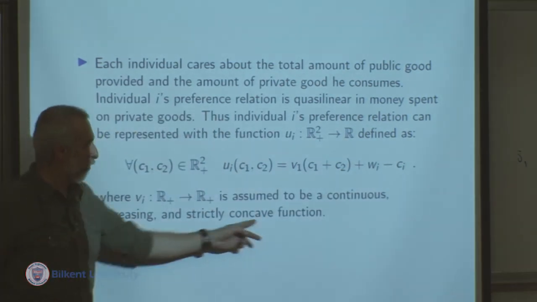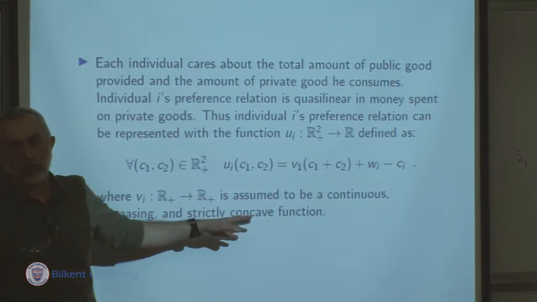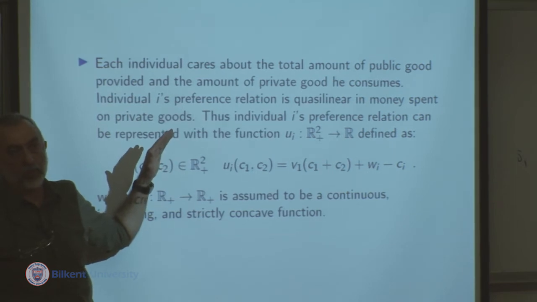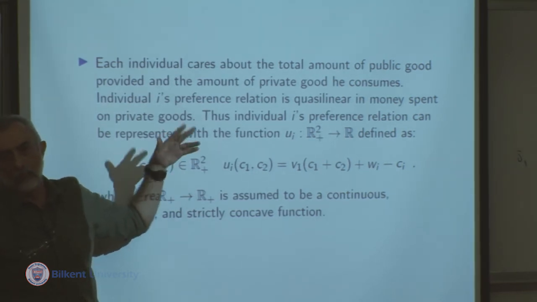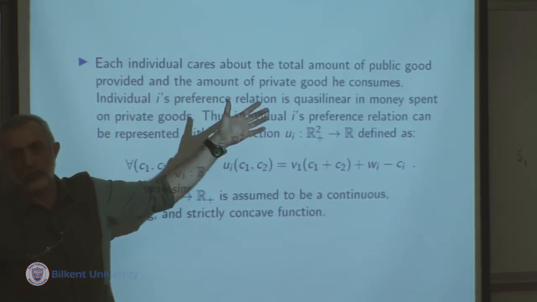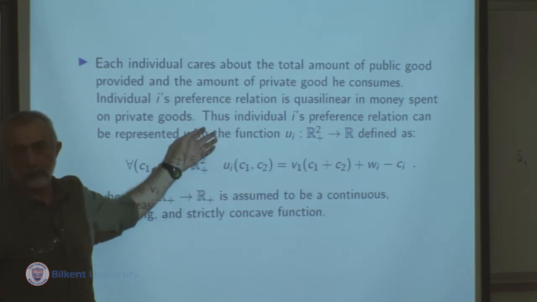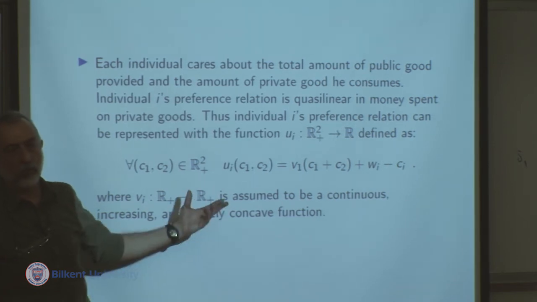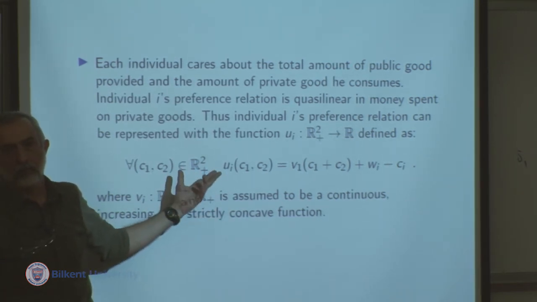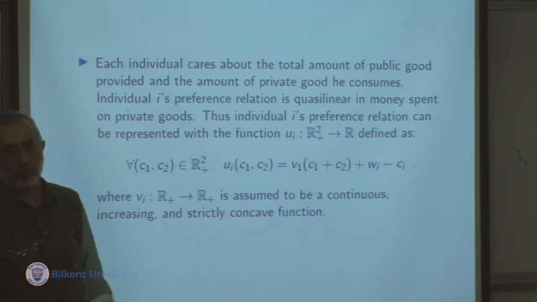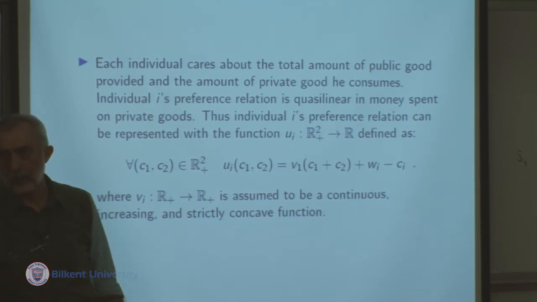Moreover, we assume strict concavity, which essentially means diminishing marginal, I don't like the word marginal utility. So all seems to be reasonable, nice economic assumptions. So there's nothing crazy here, right?